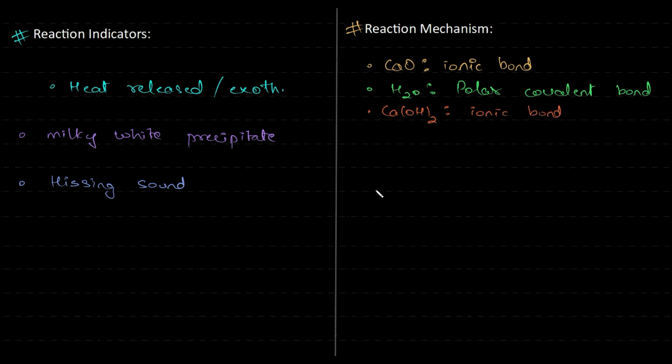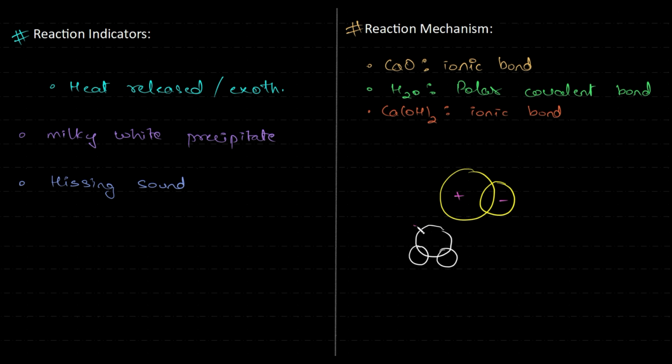Done? Now, the question is, why does it happen? It's quite simple. We put in CaO, a solid ionic compound. Then when we look at H2O, this is O and this is H2. The Ca is positive charge. In an ionic bond, positive and negative is very clear.